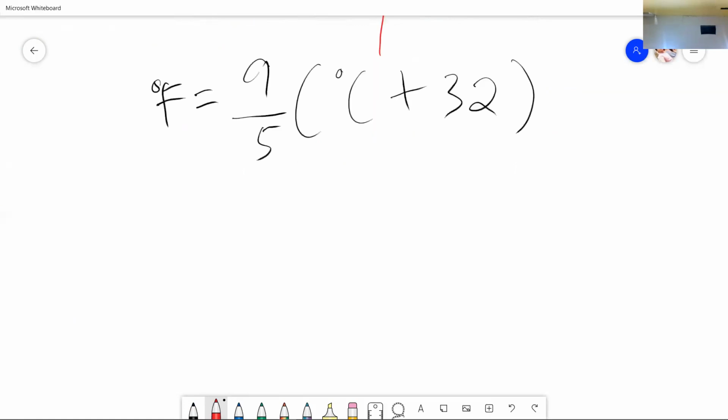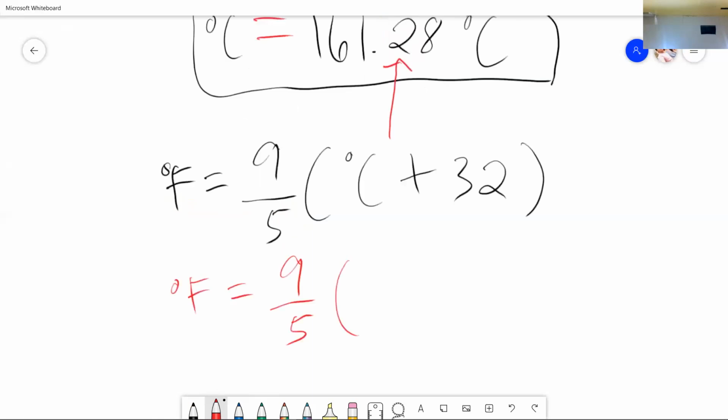Degree Fahrenheit is equal to 9/5 of the temperature, 161.28 degrees Celsius, plus 32.